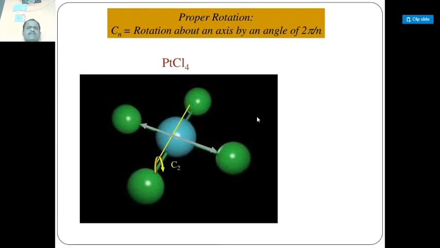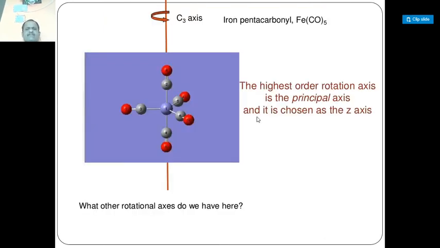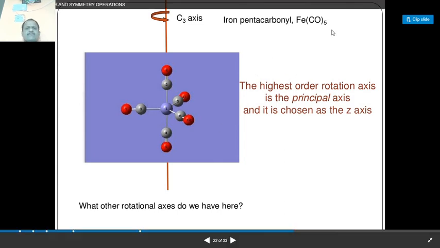So we have plenty of examples. How C2 is drawn here. We have another example, Fe(CO)5. In Fe(CO)5, the geometry is trigonal bipyramidal, where 3 CO are present at equatorial positions and 2 CO are present at axial positions.